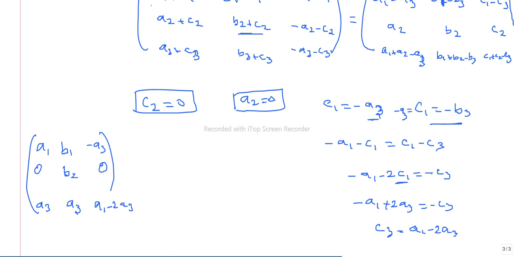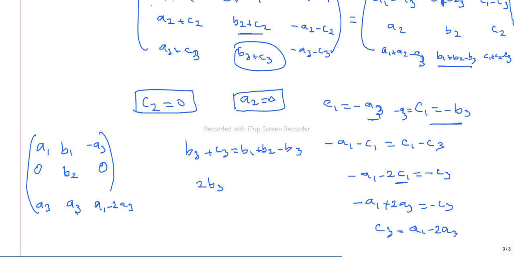Okay, now you try to reduce B1 B2. Okay, if you compare this coordinate, this and this, we'll get B3 plus C3 should be equal to B1 plus B2 minus B3. Okay, so anyway we can take this B3 to that side. We have 2 times B3, C3 value we just found, right?